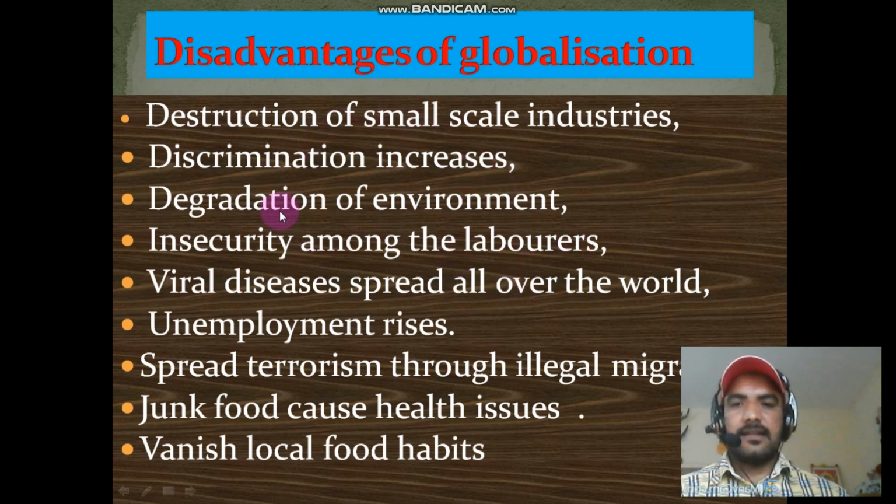So the disadvantages are destruction of small scale industries, increased discrimination, degradation of the environment, insecurity among the labor, viral diseases spreading all over the world like coronavirus, and unemployment rises, and spread of terrorism through illegal migration, and junk food causes health issues and also vanishes local food habits. So these are the disadvantages of globalization.